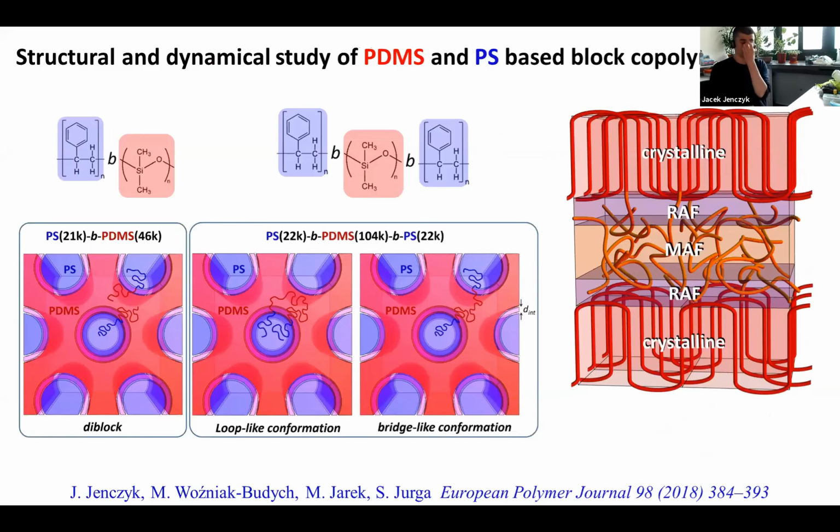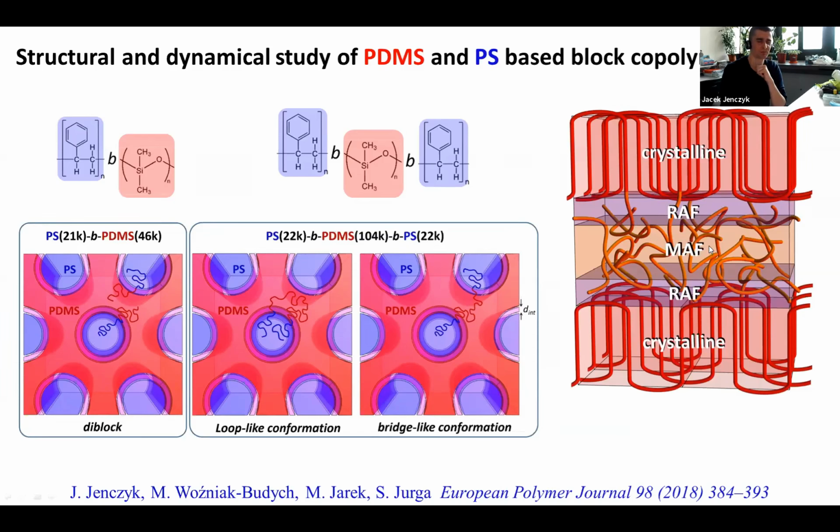Well, I have some other examples concerning polystyrene polydimethylsiloxane, where we studied something very interesting concerning the so-called rigid amorphous phase. Because when you deal with semi-crystalline polymers, there are always 2 different amorphous fractions.